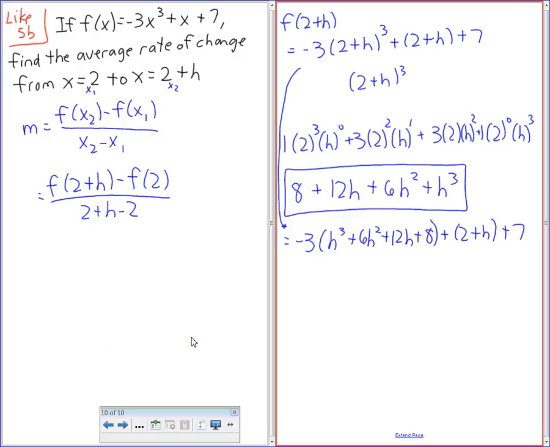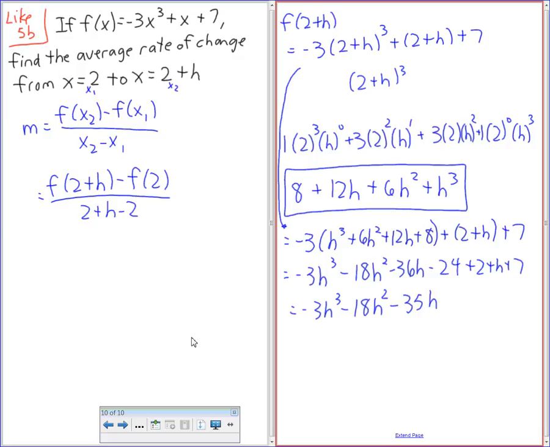Okay. So this should go into negative 3h cubed minus 18h squared minus 36h minus 24 plus 2 plus h plus 7, which would be negative 3h cubed minus 18h squared minus 35h minus 17. Is that right? 17? I got 15.